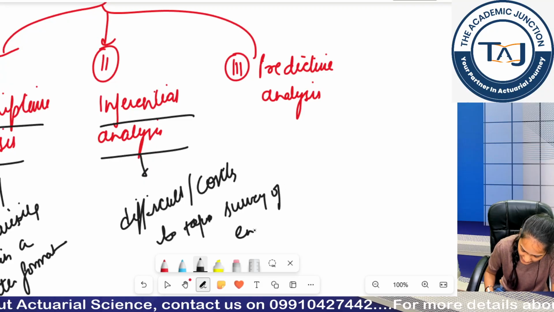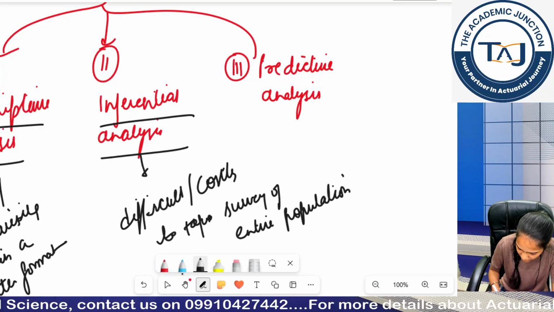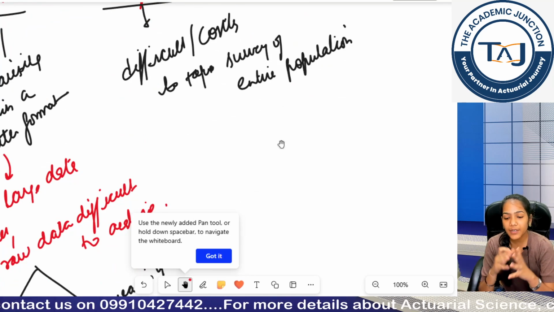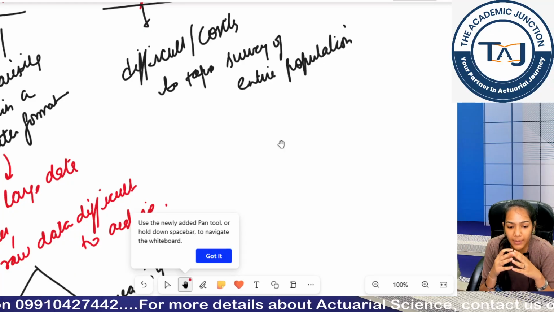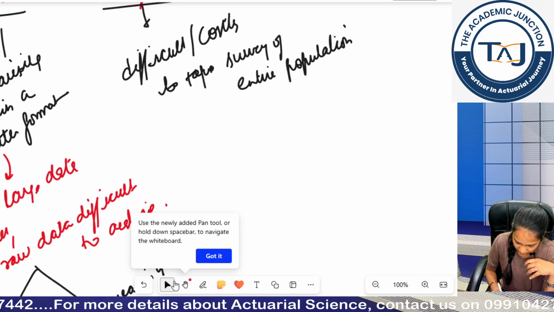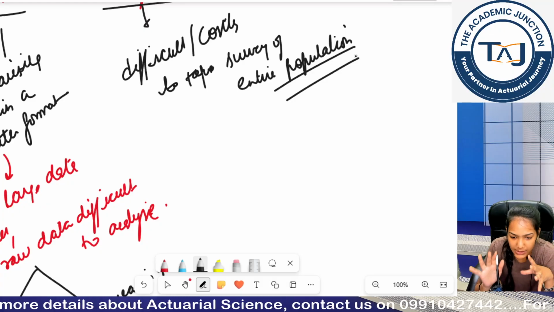to take a survey of the entire population. When I say population, it does not necessarily mean the population of the country. It means whatever my objective is and whatever population needs to be surveyed, that consists of the entire population. Okay. It is difficult to take the survey of the entire population.